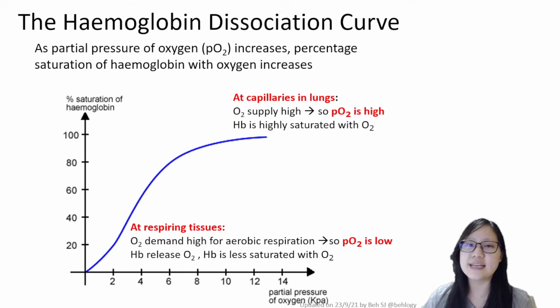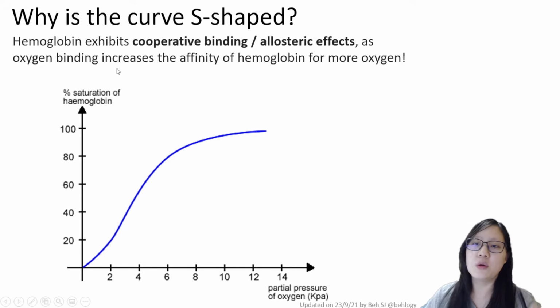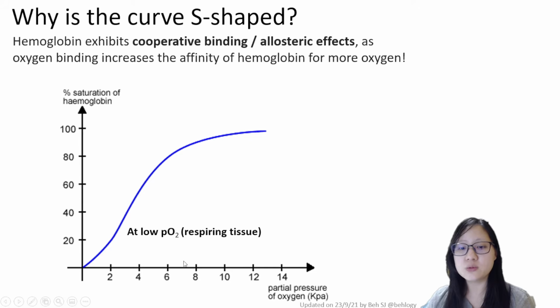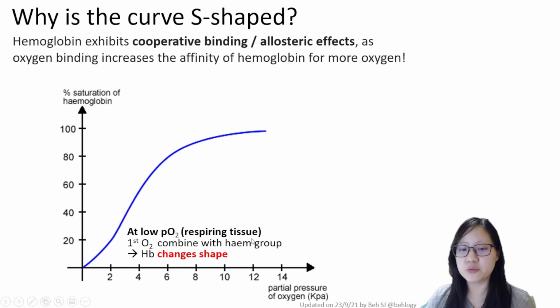Now, the reason why it's S-shaped is because hemoglobin exhibits cooperative binding or allosteric effects, meaning that the more oxygen binds to that hemoglobin, the more it will bind to the next oxygen molecule. Okay, so one hemoglobin binds to 4 oxygen molecules, correct? So the first one probably near the heme group, right?